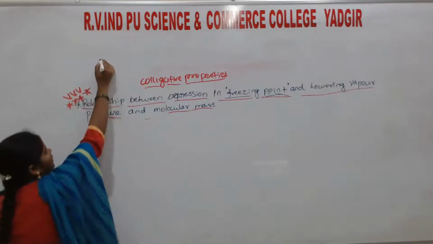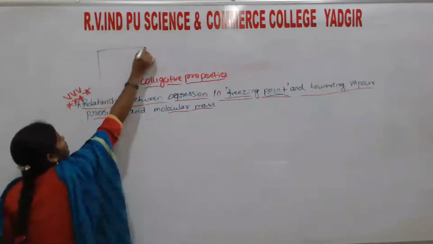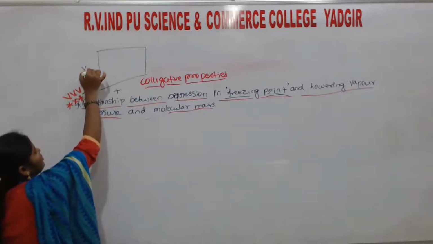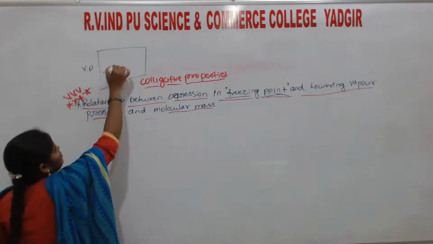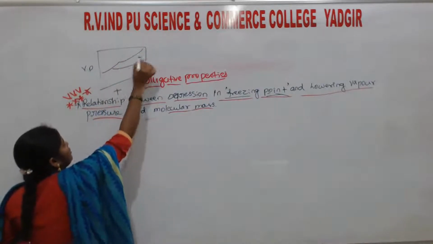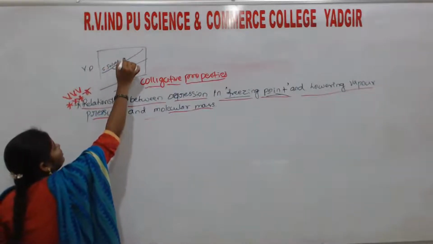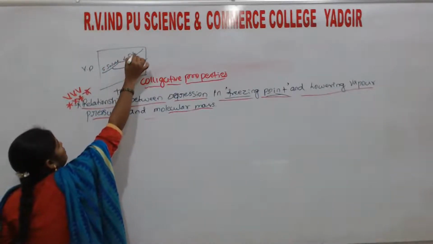Just roughly, I am drawing the diagram here. This is the temperature, and this is the vapor pressure. This is the solid solvent, and this is the liquid solvent.